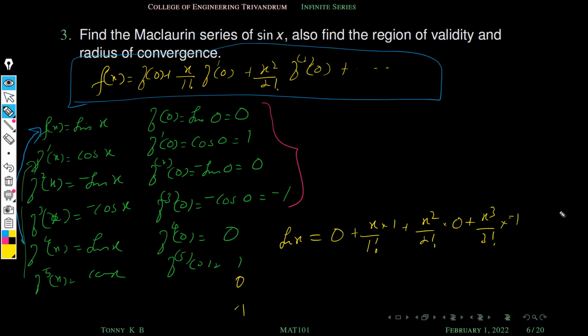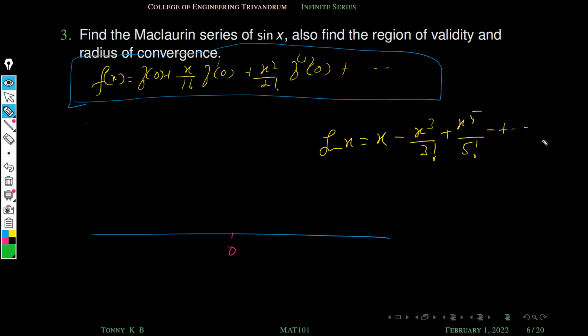So the next term is 0, corresponding to x raised to 4. The next one is x raised to 5 by 5 factorial into 1, right? So all the even terms are 0. If you simplify this series expansion, sin x becomes x minus x cube by 3 factorial, plus x raised to 5 by 5 factorial, minus plus, etc.